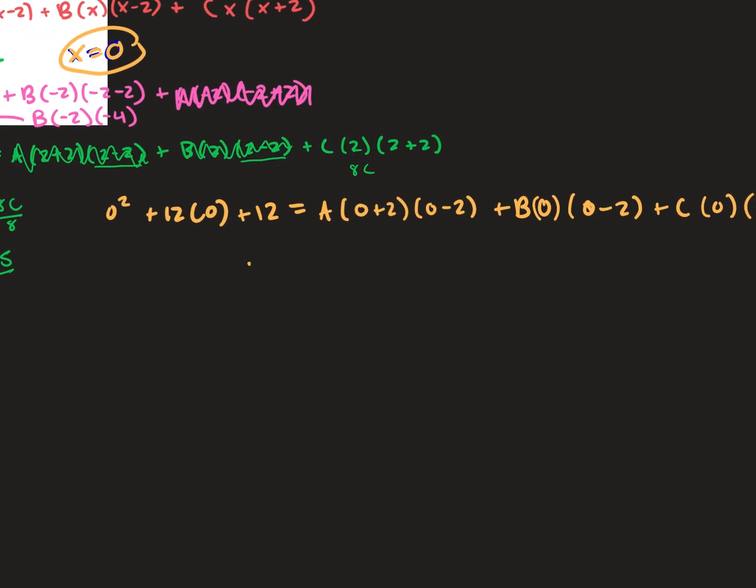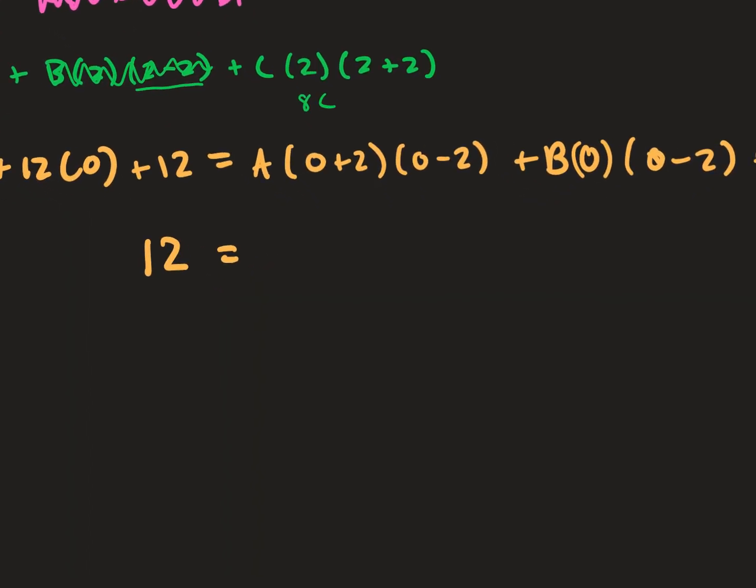So on the left side, I get 12. This is a times 2 times negative 2. So negative 4a.